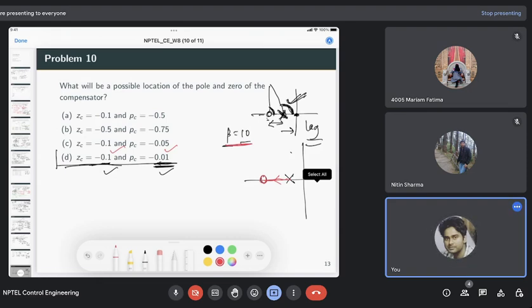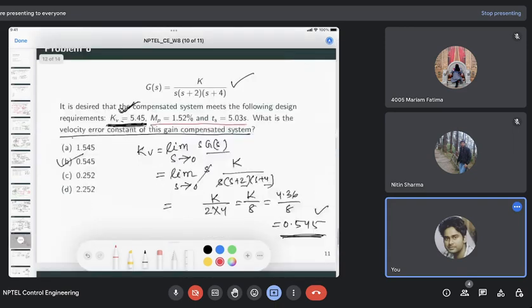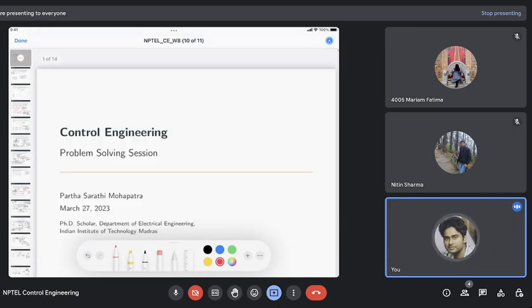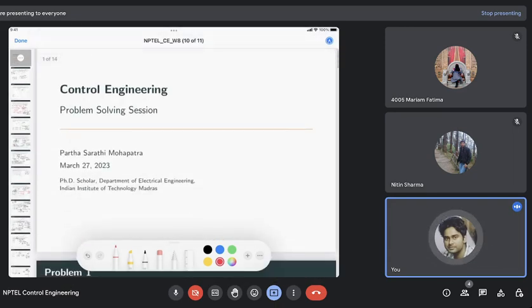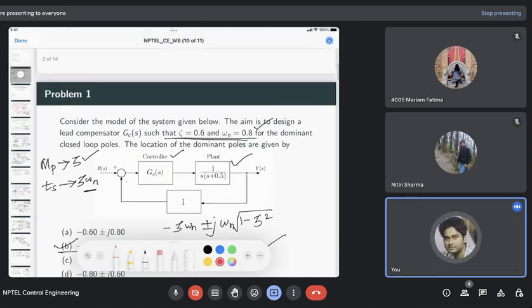So again, just to briefly overview the steps, they will be more or less the same. I'll just recapitulate the steps. You want to meet both the transient specification as well as the steady state specification.